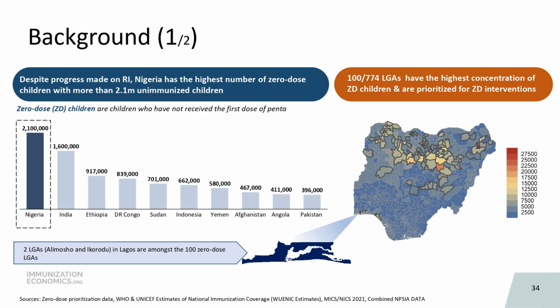And sometime in 2023, Nigeria used a lot of data sources to triangulate and identify which local government areas have the highest proportion of zero-dose children. And 100 local governments were identified, and 2 of these are in Lagos State, namely Alimosho and Ikorodu local governments.